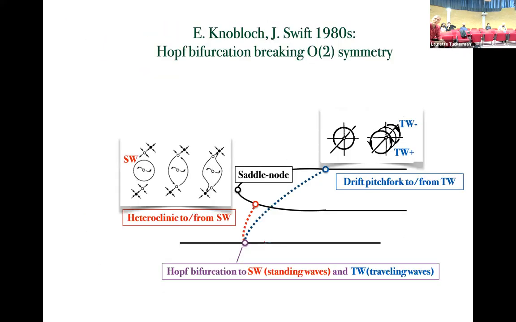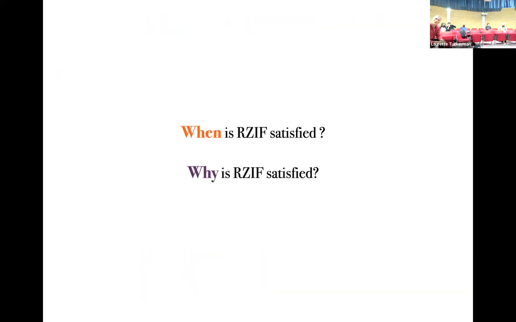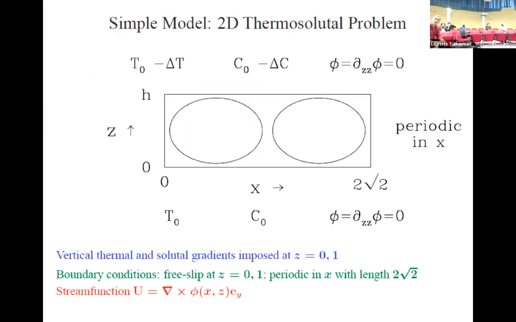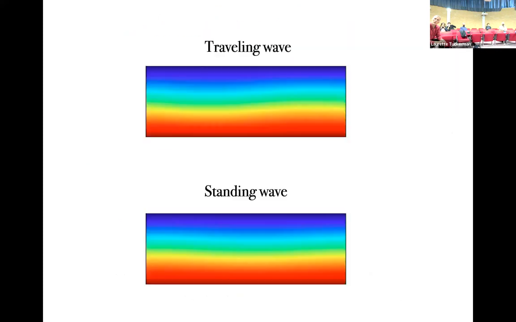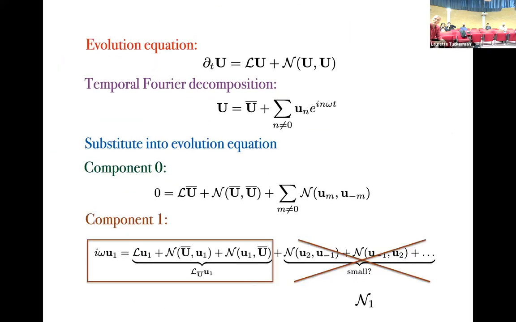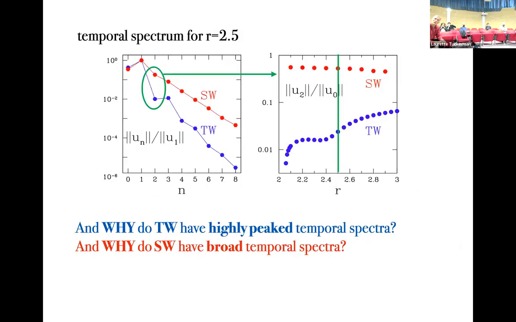Let me see if I get that. There, this is a spectrum. I don't think this is like the Zong thing. This is a Fourier temporal spectrum of the nonlinear limit cycle.